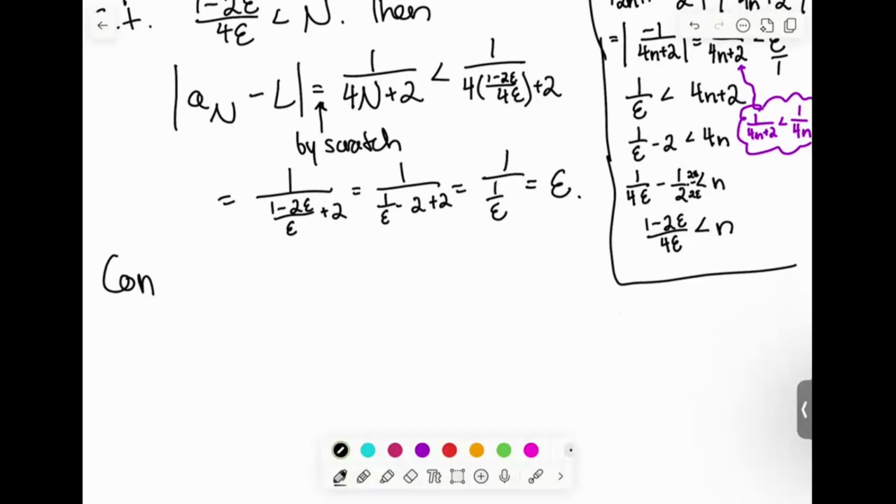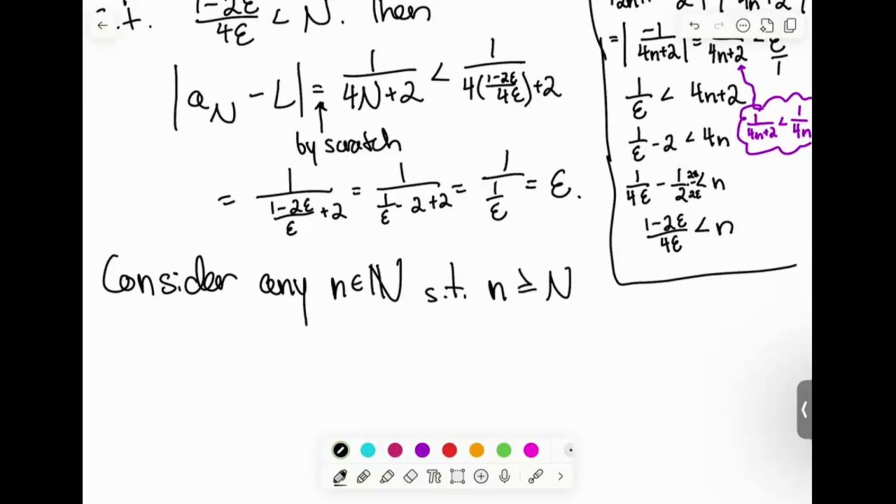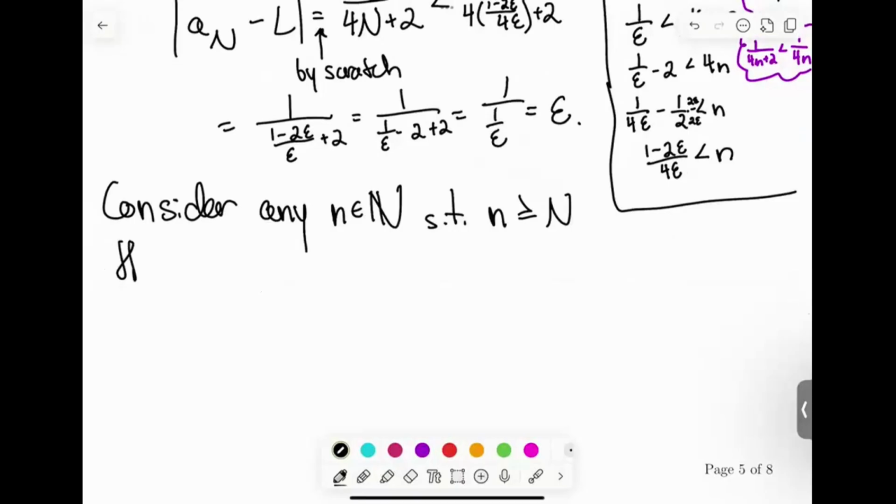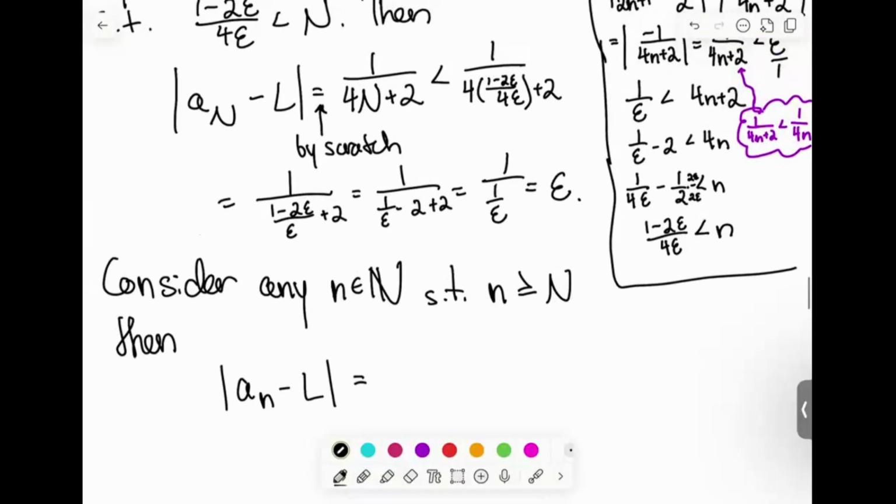Consider any n in the naturals such that n is greater than or equal to capital N. Then a sub n minus L is equal to 1 over 4n plus 2.